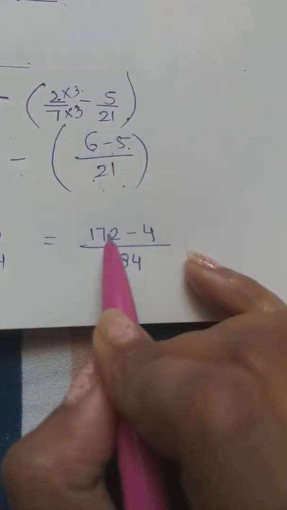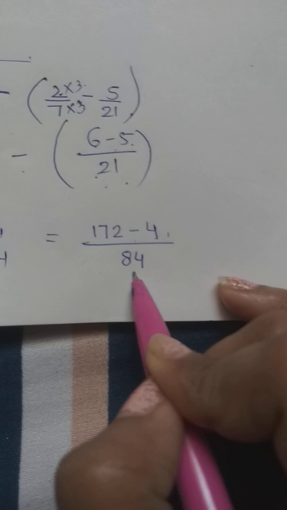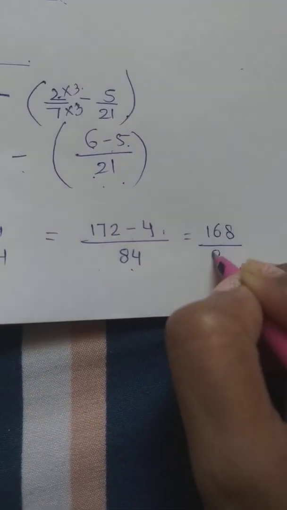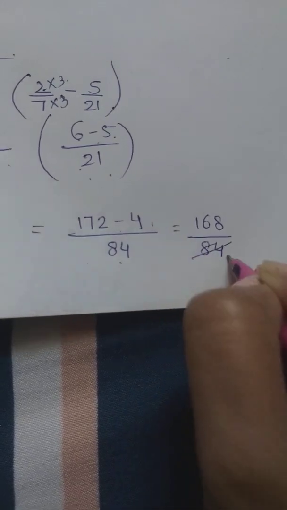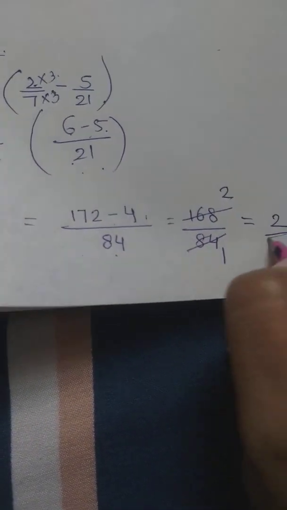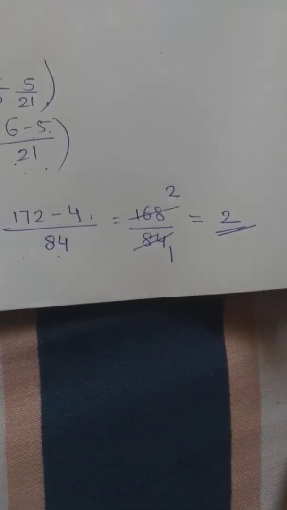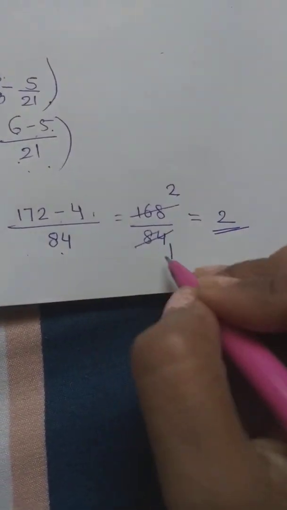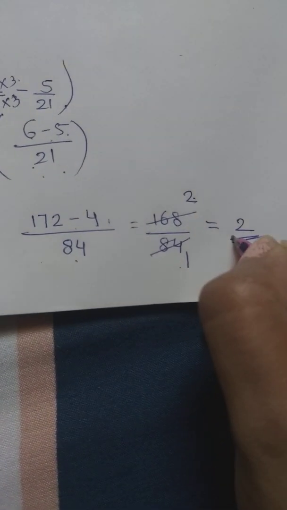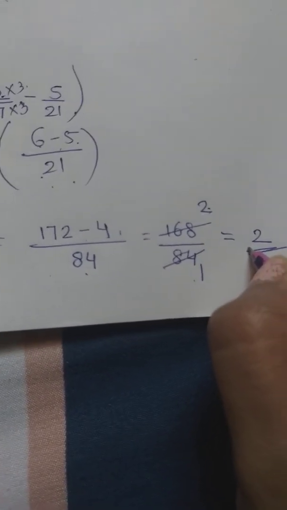Then 172 minus 4 by 84, so it is 168 by 84. 84 ones are 84, 84 twos are 168. So 2 is the answer. Final answer.